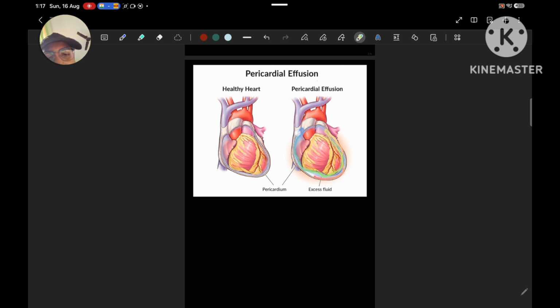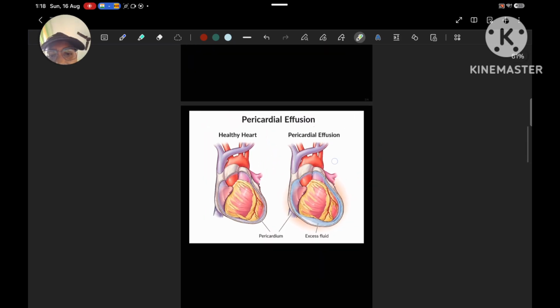This excess fluid causes a constricted heart, means it creates pressure on the chambers of the heart. Thus the cardiac output decreases and cardiac tamponade happens.